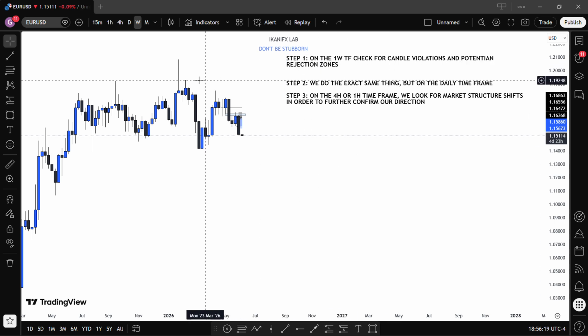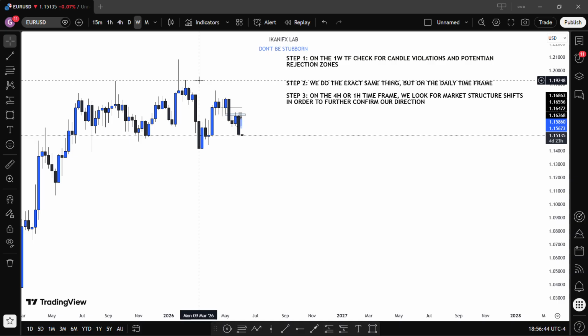So our first step is we always go to the weekly time frame to check for candle violations and potential rejection zones. We want to check whether the previous day's candle or previous week's candle was broken below. Did it get violated? Did we break below it or above it with a candle body? We always want the body to be the one doing the breaking, not the wick.